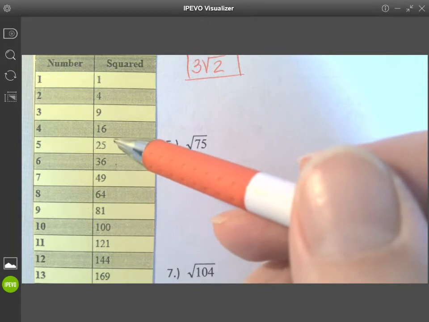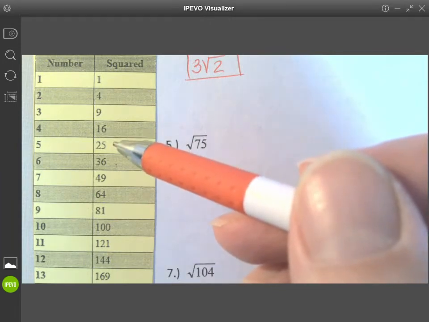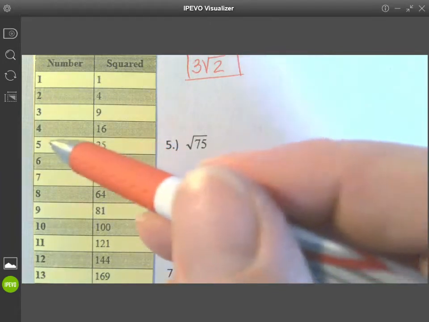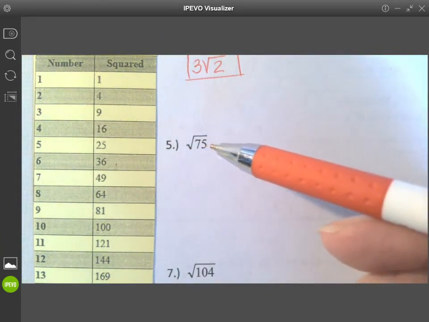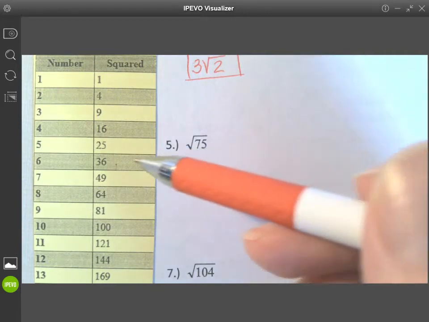I can't take the square root of anything between 16 and 25, because that's between 4 and 5. So if you cut this number in half, it's like 35.5, right? No. What is it? It's 37.5, sorry. I would look for any number smaller than that.